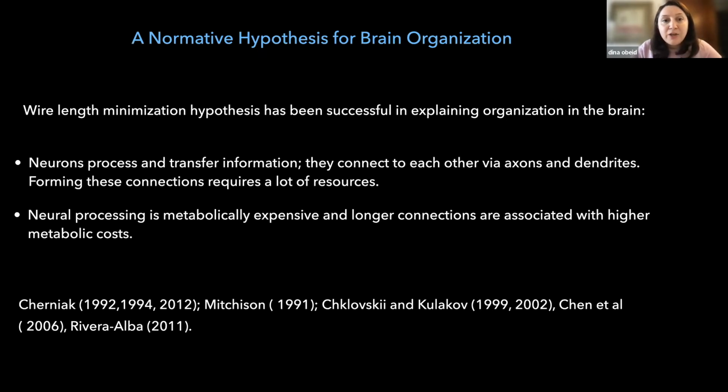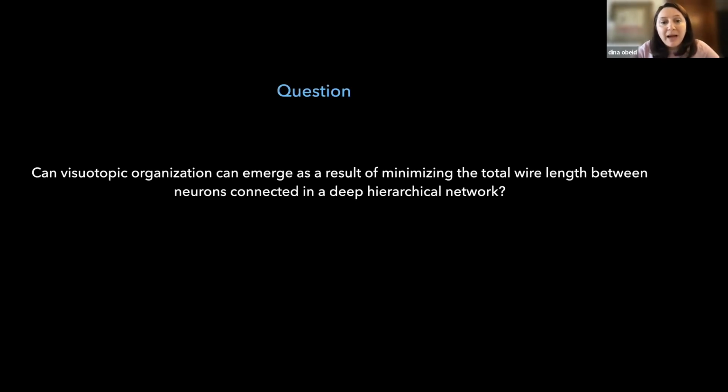So what I'm going to ask is, let's assume that this wire length minimization hypothesis is the right hypothesis that can uncover topography. We can then ask, can this visuotopic organization emerge if we do a total wire minimization of neurons connected in a deep hierarchical network?